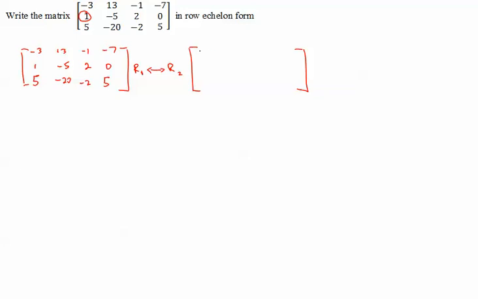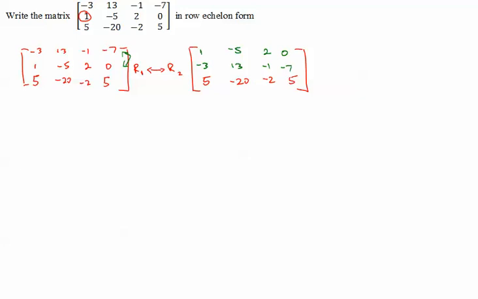So I'm going to put 1, minus 5, 2, 0, and minus 3, 13, minus 1, minus 7. These were the changes I've made so far for this step. And I have 5, minus 20, minus 2, and 5. So I'm allowed to exchange 2 rows.